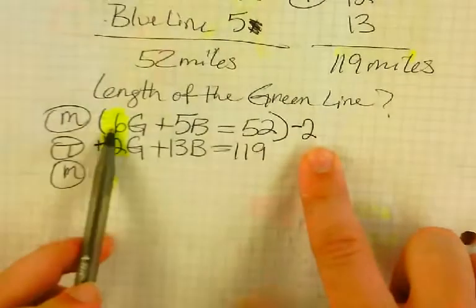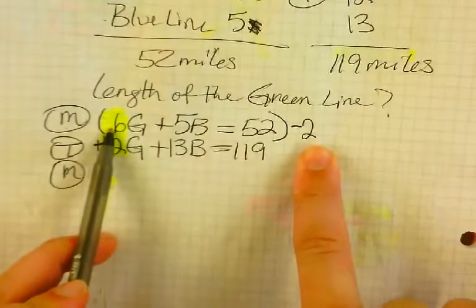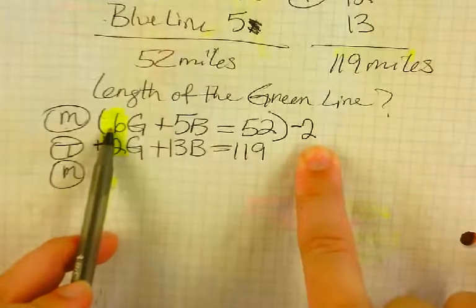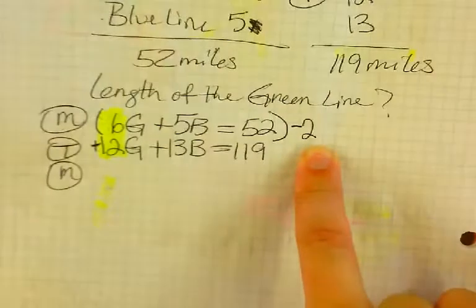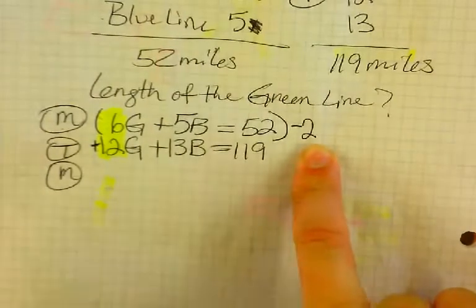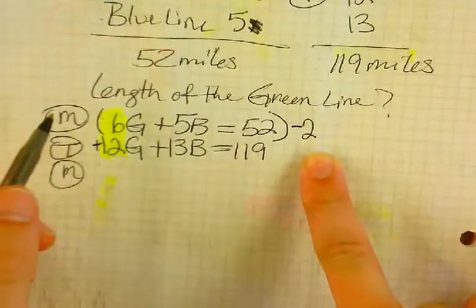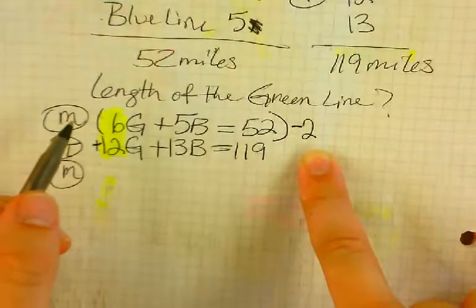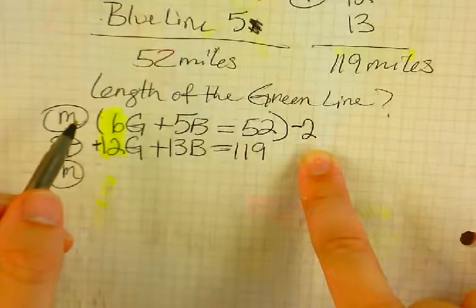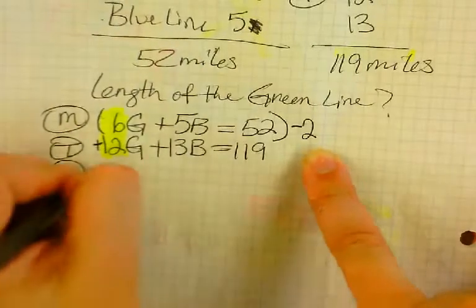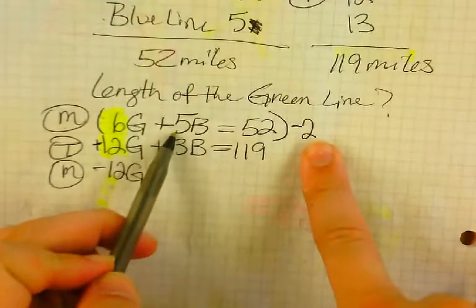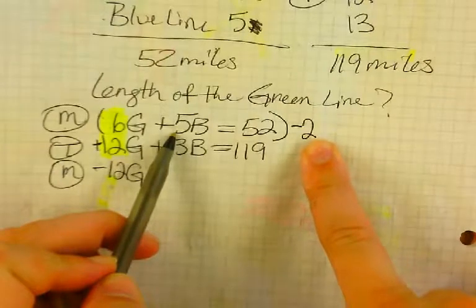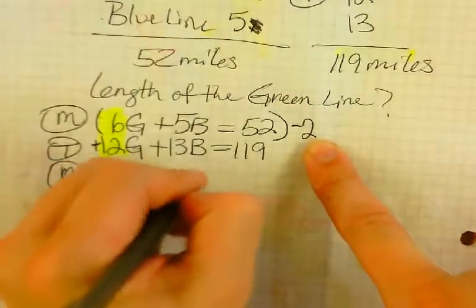Now we're going to multiply negative 2 times 6g. What would negative 2 times 6 be? Yeah, perfect. Negative 12g. And then we have negative 2 times 5b. Negative 10b.